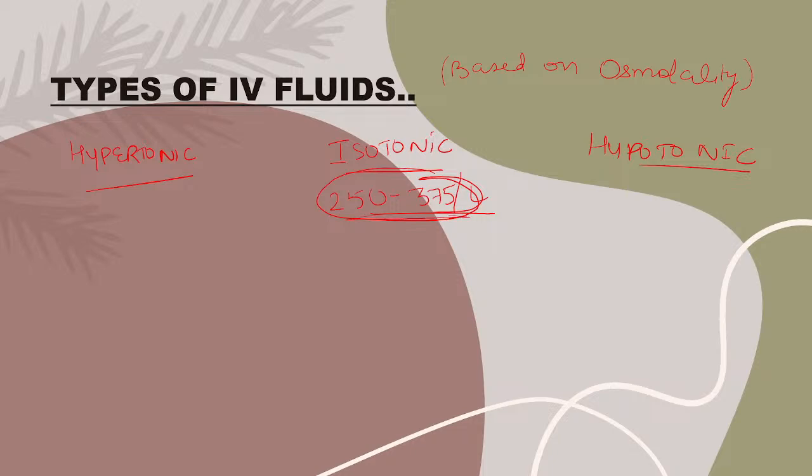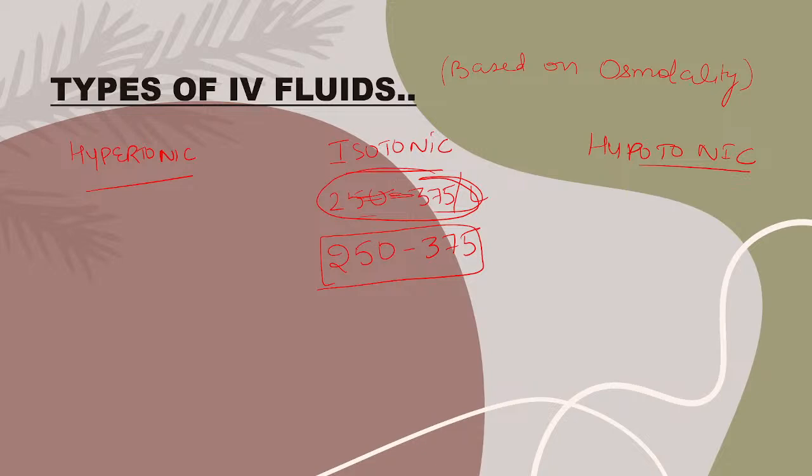This is very important to understand. I'll write it again: 250 to 375. You need to learn this to understand the concept. So isotonic is 250 to 375, right?